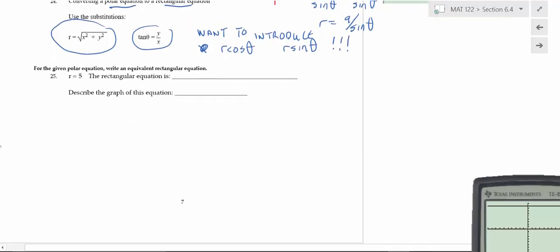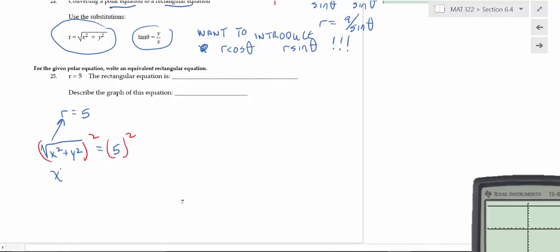All right, so let's go ahead and look at r equals 5. What we do on this is just use the substitution up here. r is equal to the square root of x squared plus y squared, and that comes from the Pythagorean theorem. Just doing that, you've converted it to rectangular, although I think it's logical to go ahead and square both sides.